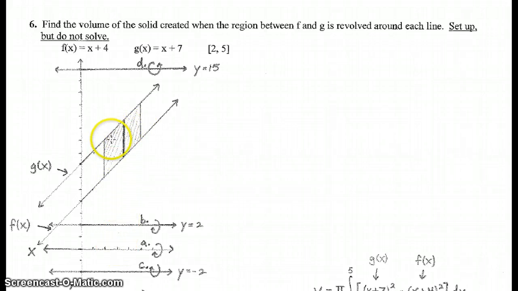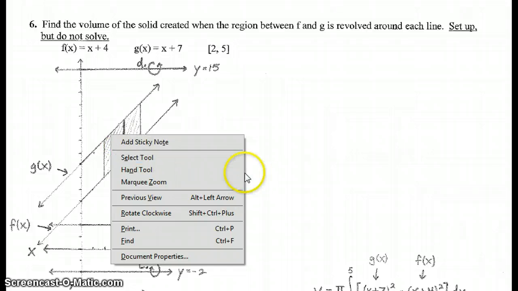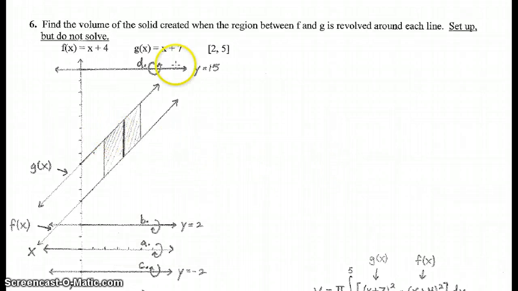So it's pretty easy to see that g of x is our outer function because it is farther away from the x-axis than f of x.